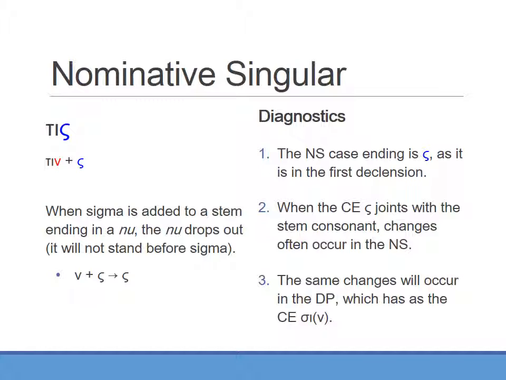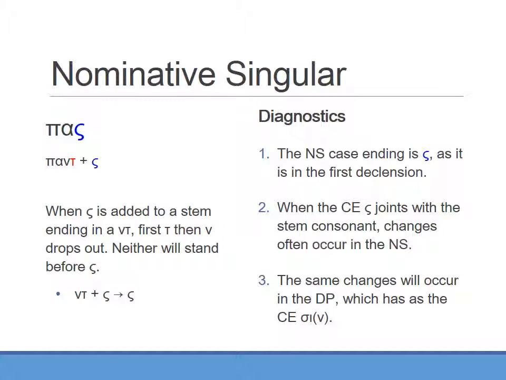When we add the nominative singular case ending sigma, the nu in tin, the final stem consonant, drops out. In other words, nu will not stand before sigma. So you have tin plus sigma becomes tis because the nu drops out.